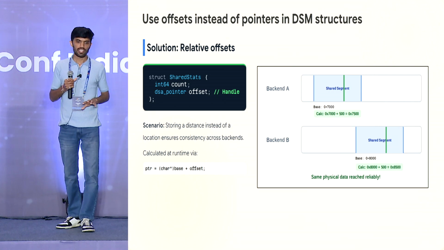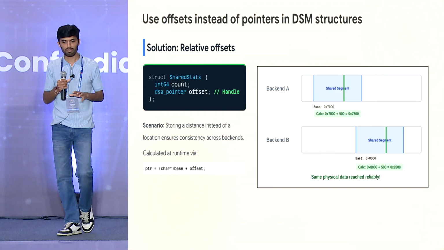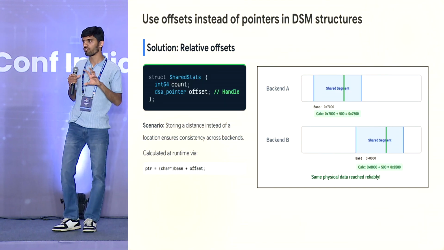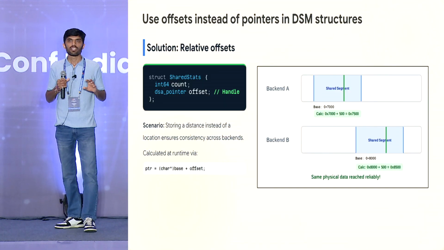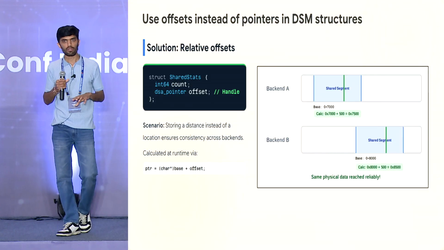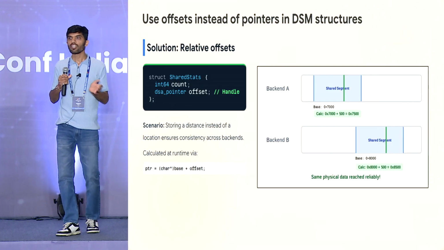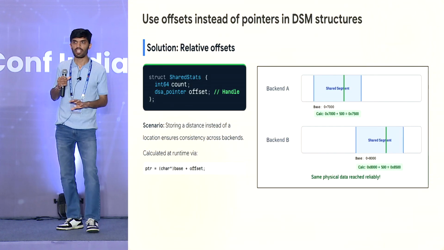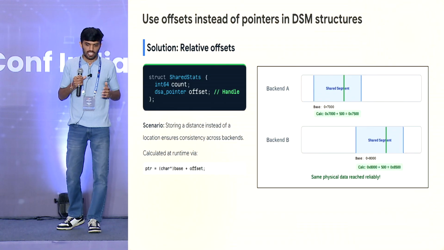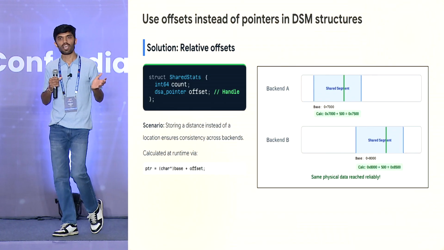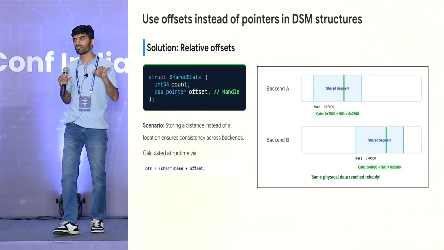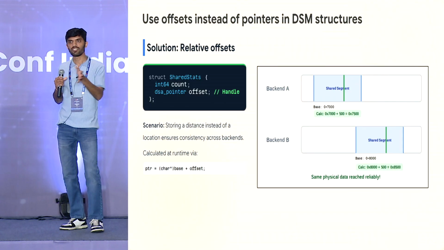So just to give a TLDR, the simple thing to keep in mind whenever we use DSM for memory allocation is that if you create a struct in dynamic shared memory, it cannot have a pointer to any other struct in dynamic shared memory. It always has to be offsets. There are exceptions. Let's say you have a circular buffer and you just have a string of, say, query length.